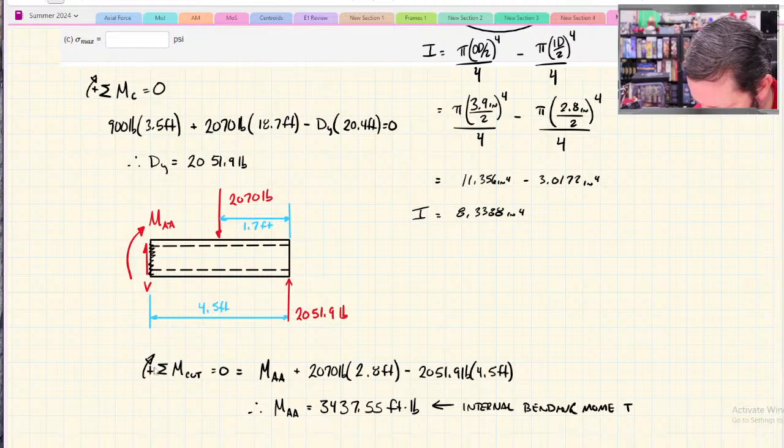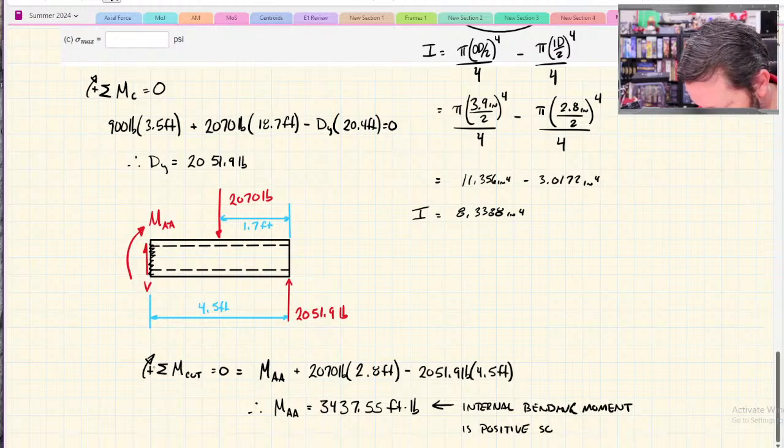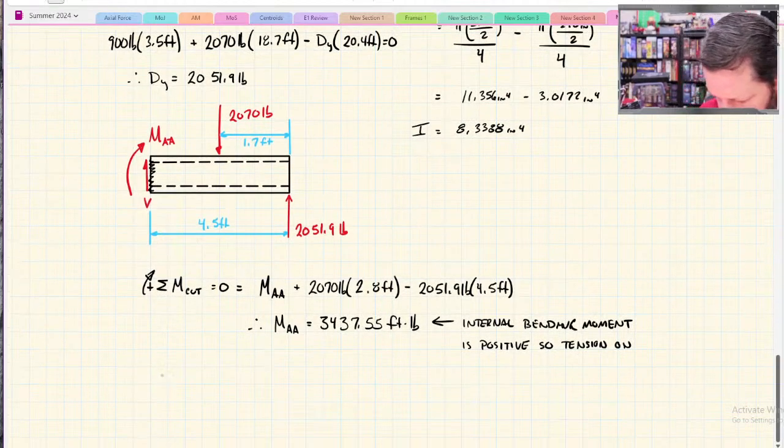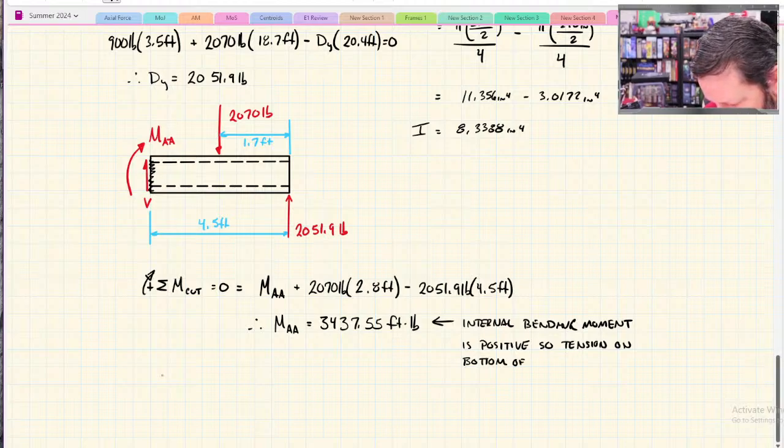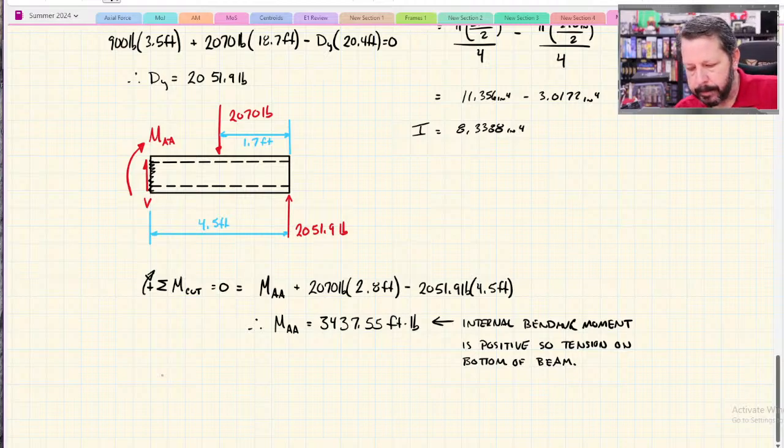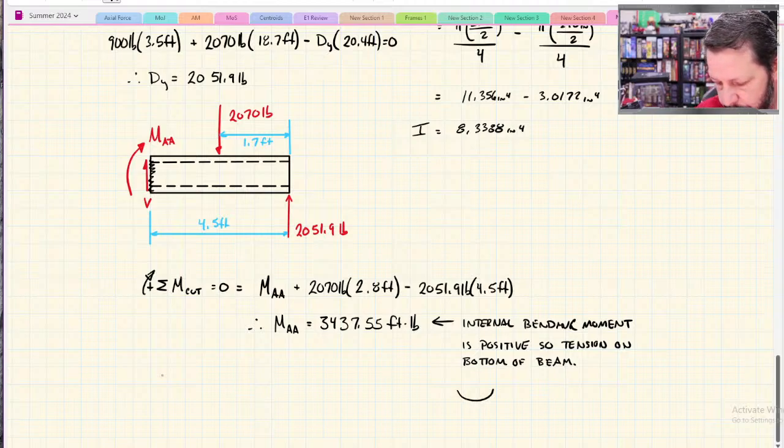Remember, positive internal bending moments mean tension on the bottom of the beam, compression on the top.